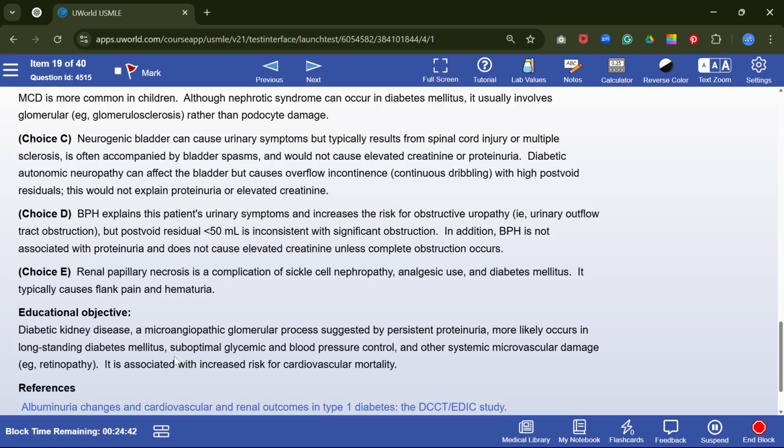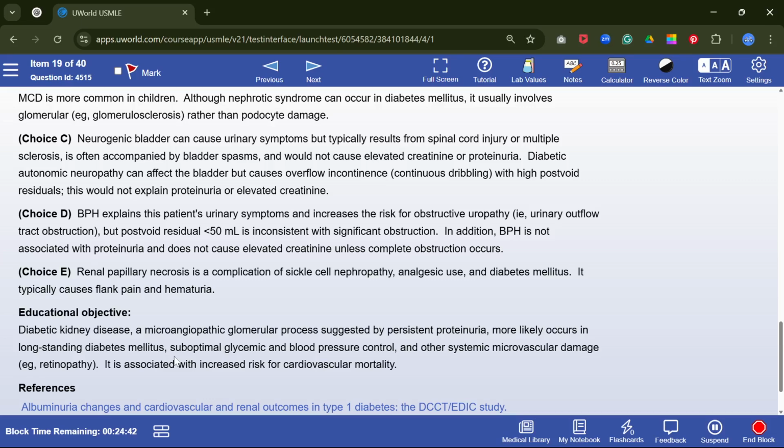BPH explains this patient's urinary symptoms and increases the risk for obstructive uropathy, urinary outflow tract obstruction. But a postvoid residual of less than 50 ml is inconsistent with significant obstruction.